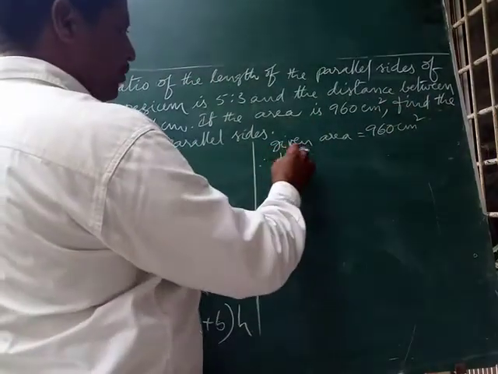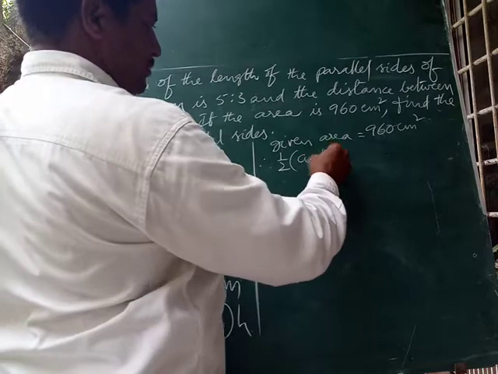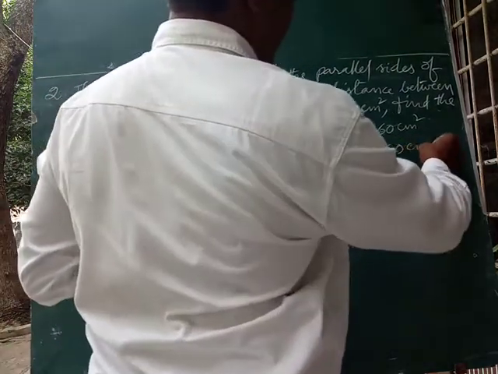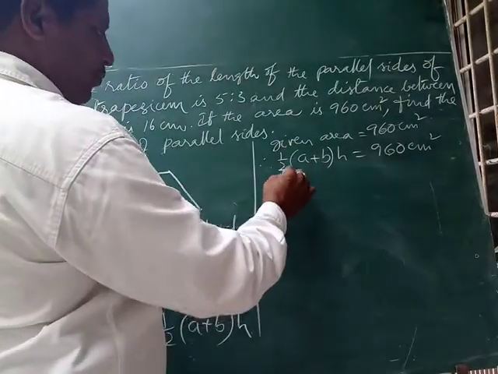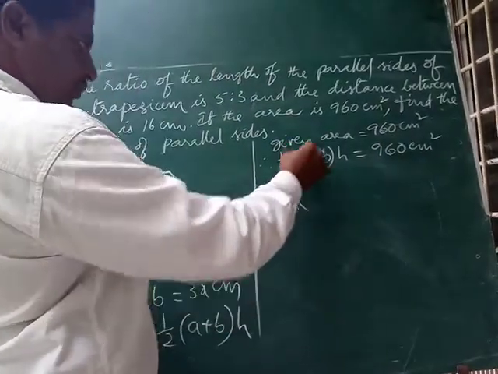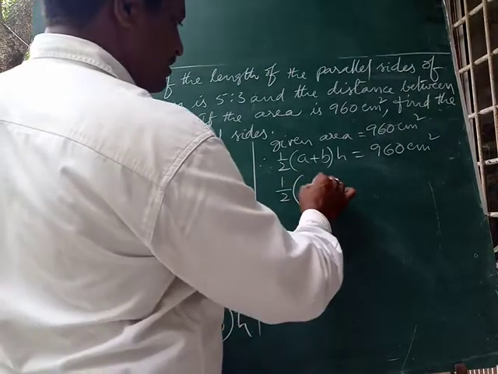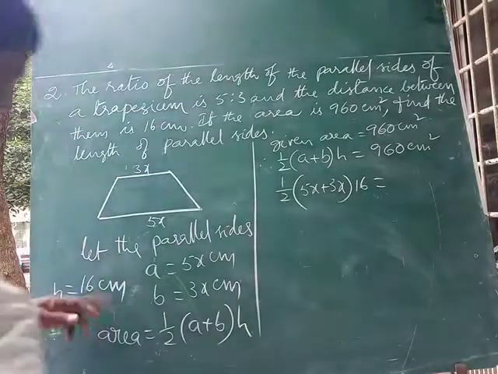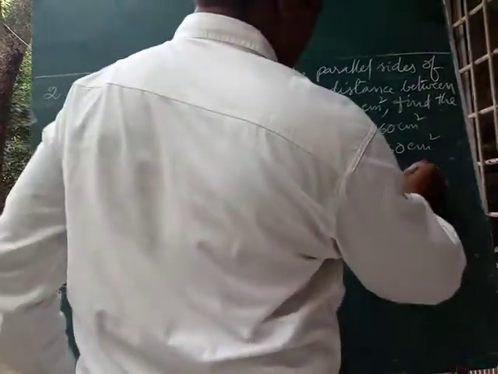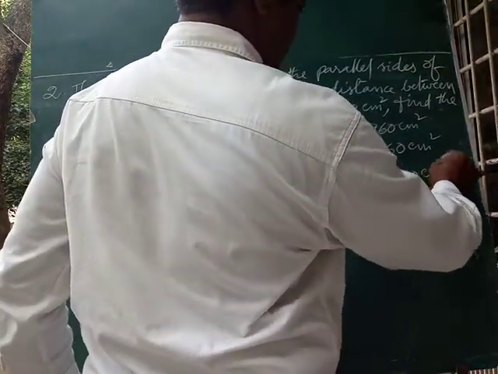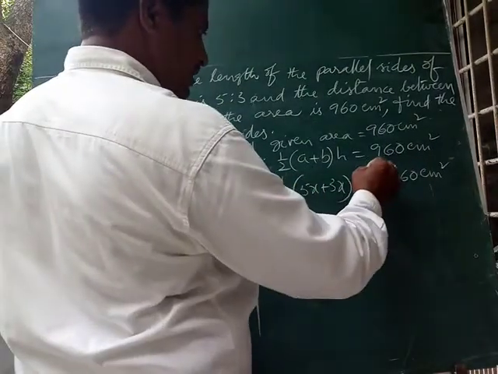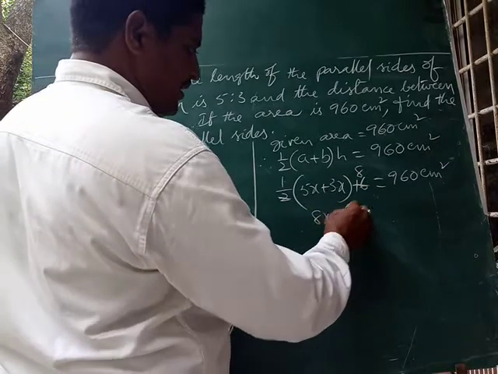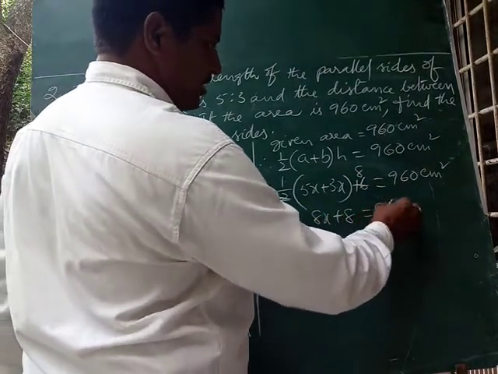Therefore, 1 by 2 into (A plus B) into H equals 960 square centimeters. 1 by 2 into (5x plus 3x) into 16 equals 960. These two cancel, leaving 8 times. 5x plus 3x is 8x, so 8x into 8 equals 960.